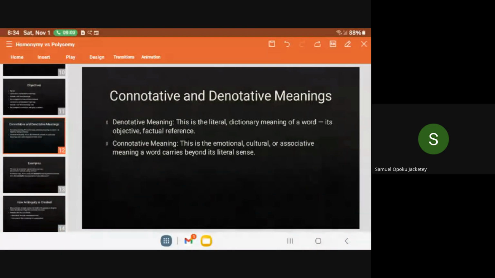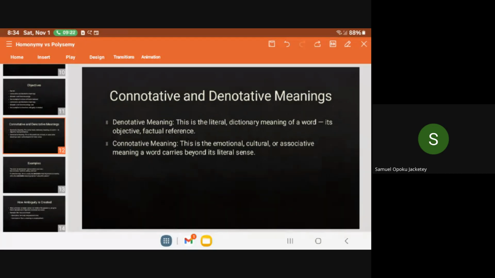So if the context really tilts towards denotative, then you give a denotative interpretation. But if it tilts towards connotative, then you give a connotative interpretation.